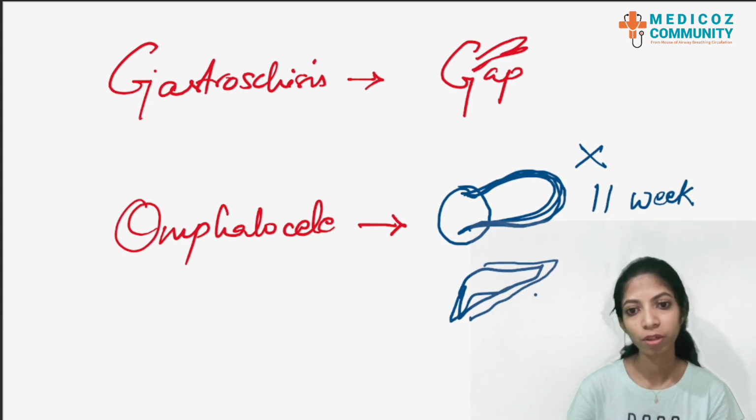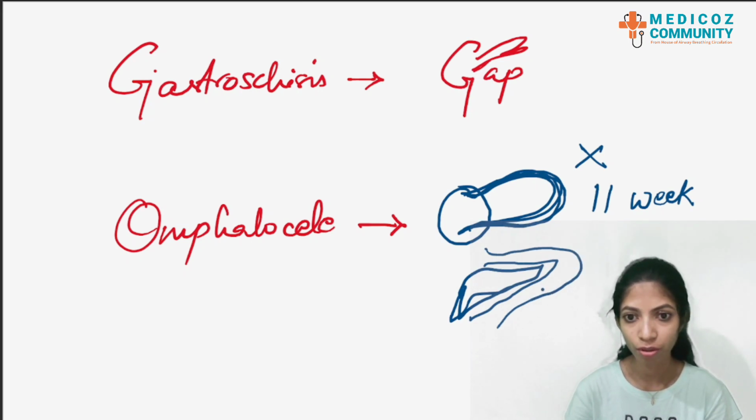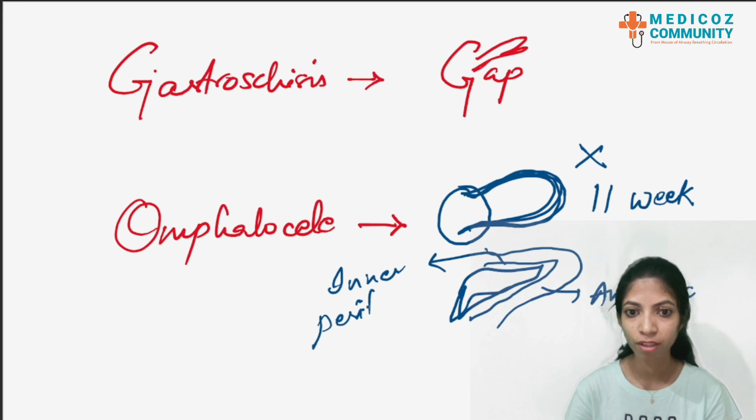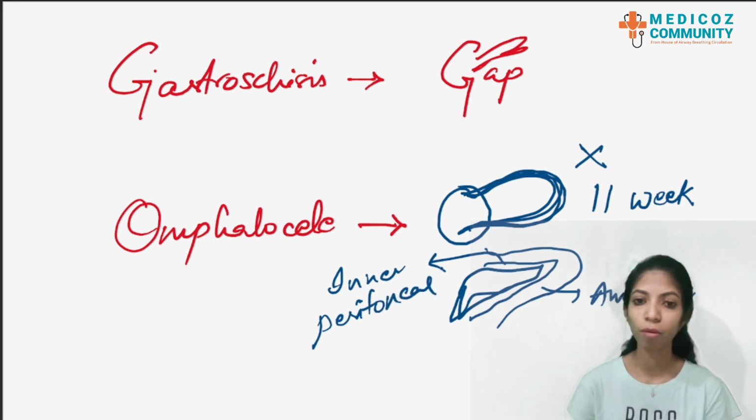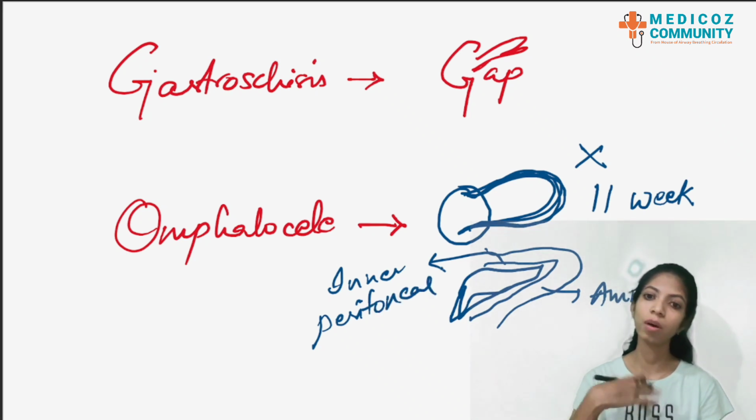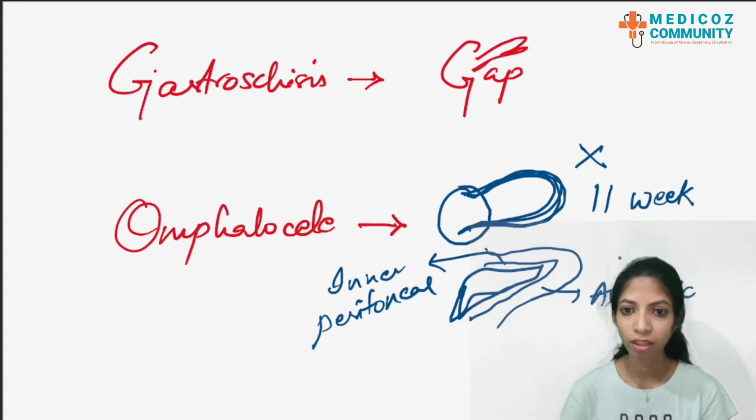This visceral peritoneum is the inner layer and it is coming from the umbilicus. Then you have an amniotic layer. So there is an outer amniotic layer and an inner peritoneal layer. So the sac of the omphalocele is formed by what? Inner peritoneal layer and the outer amniotic layer. These two together form the sac of the omphalocele.